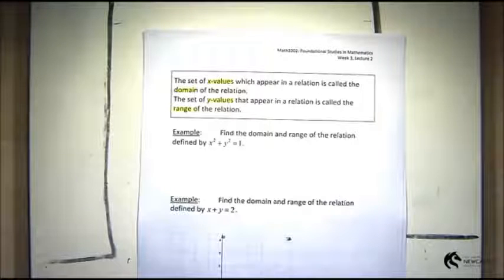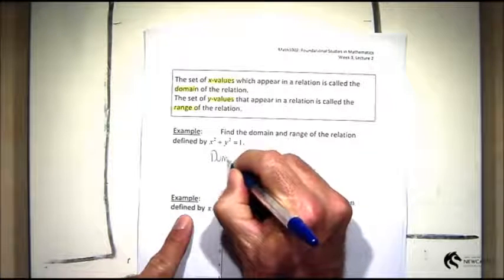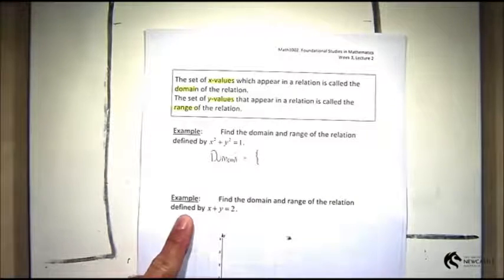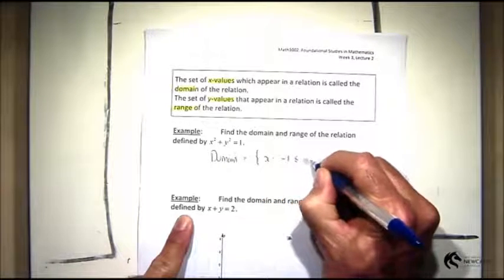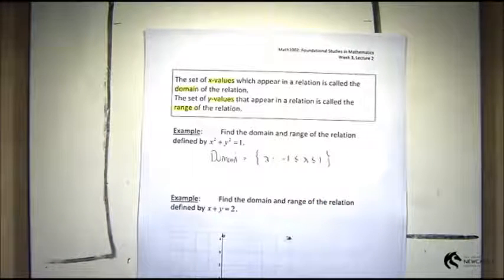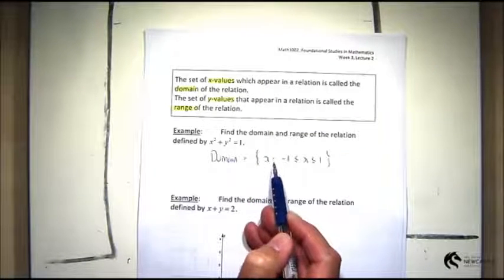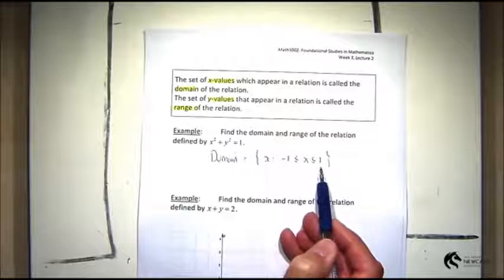So we say the domain is, and this is where our set notation comes into play, the set of x values between minus 1 and 1. So the domain is the set of real numbers such that x is between minus 1 and 1, is the sentence that we say.